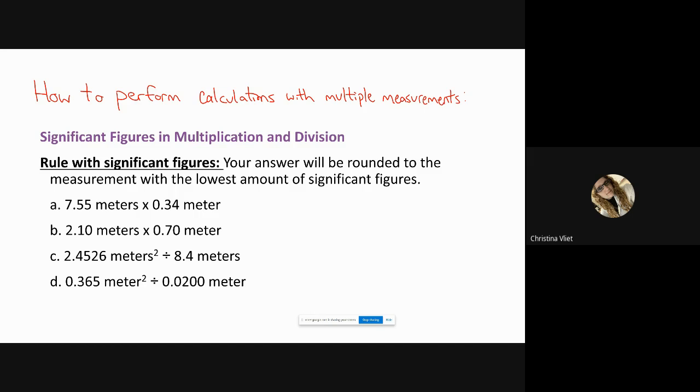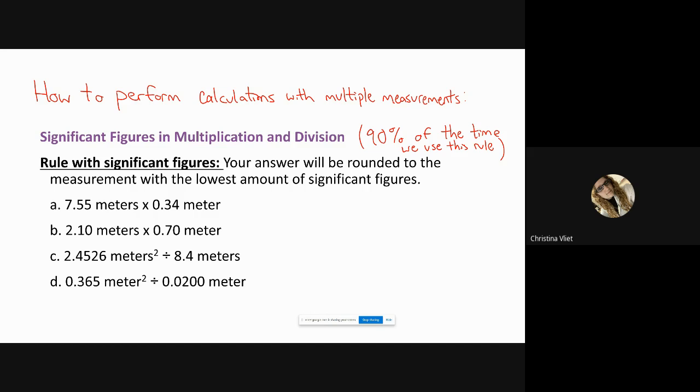What's the rule? And then when, how, why do we apply this rule? Multiplication and division is used about 90% of the time in this class. Most of the math we do in this class is multiplication and division. So therefore, the rules for multiplication and division are the rules we're going to apply the most often.